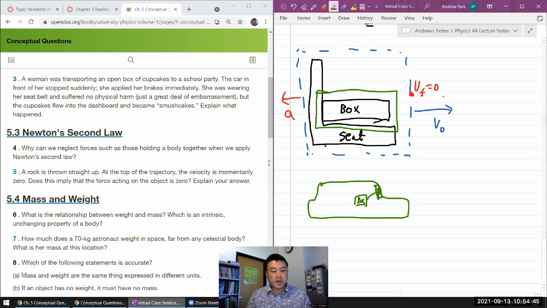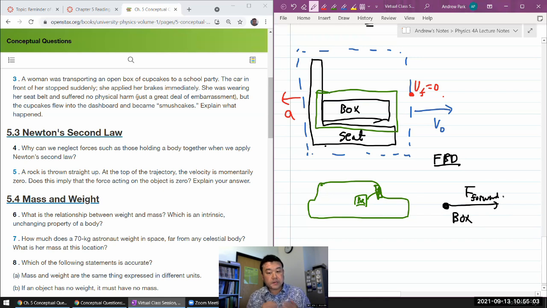So as you are trying to draw a free body diagram for this situation, it's quite natural and understandable to want to say, if this is the box of cupcakes, that there's some kind of a force applied, the force.